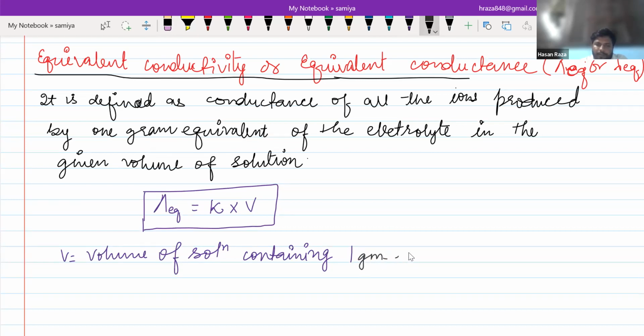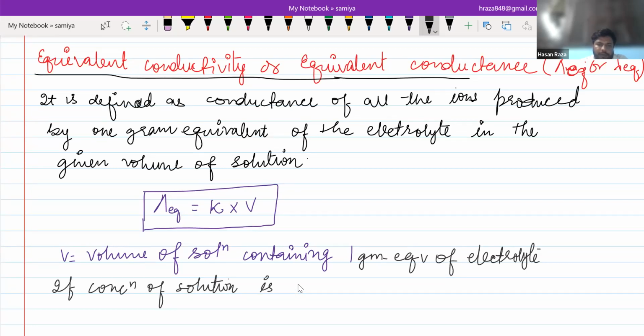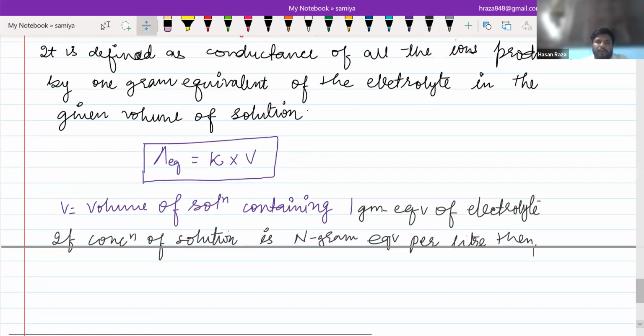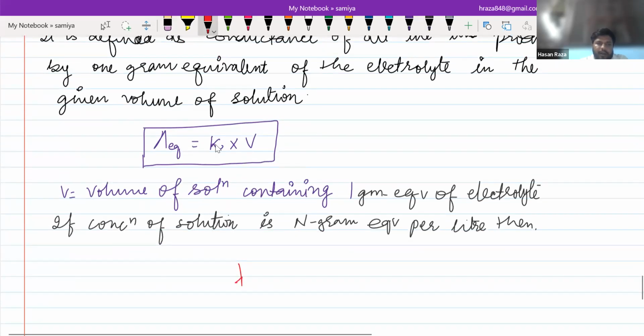And suppose the concentration of solution is n gram equivalent per liter, then we will have a formula same as molar conductivity: equivalent conductivity will be equal to kappa into 1000 upon n.